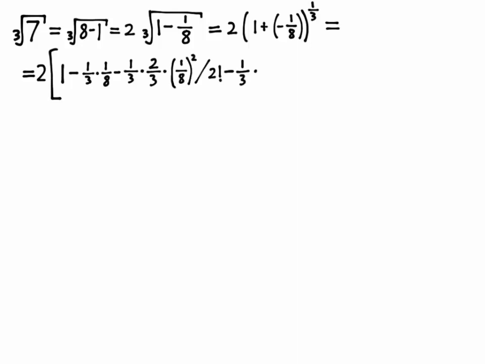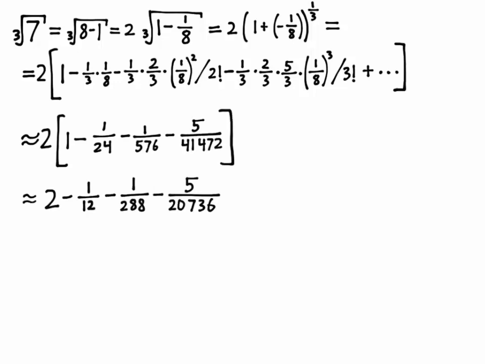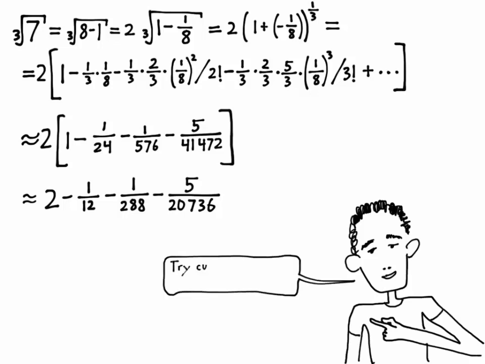So it turns out that after the first term, every term is going to be negative, and when you simplify the expression, you get 2 minus 1/12 minus 1 over 288 minus 5 over 20,736. And if you understand how to find approximations like this using binomial expansions, maybe you really are an expert at binomial expansions.